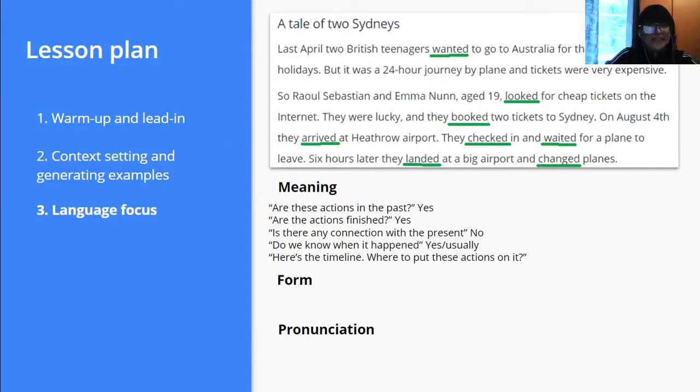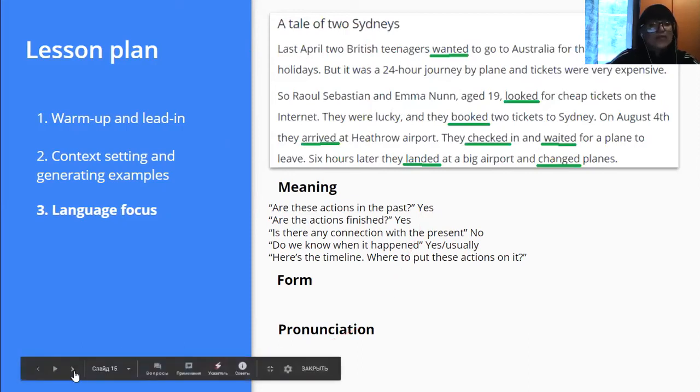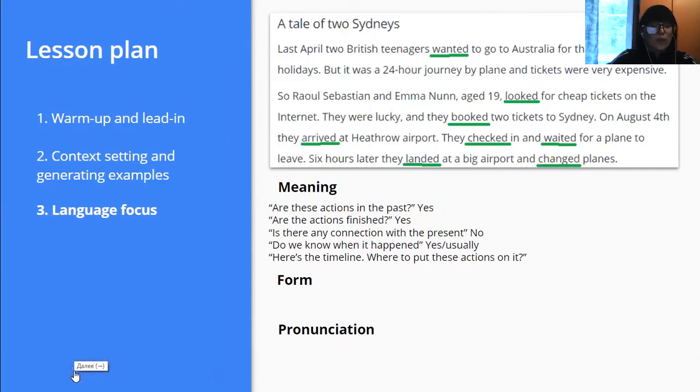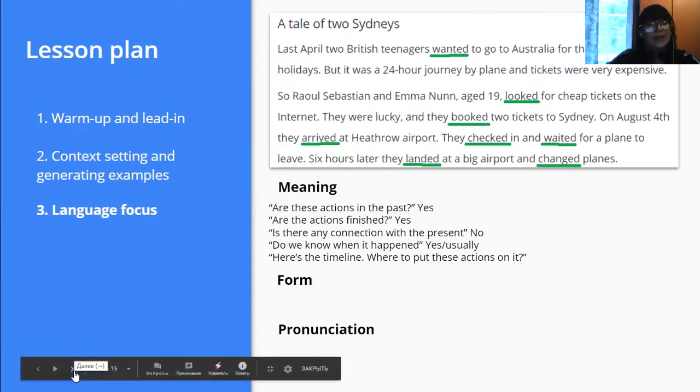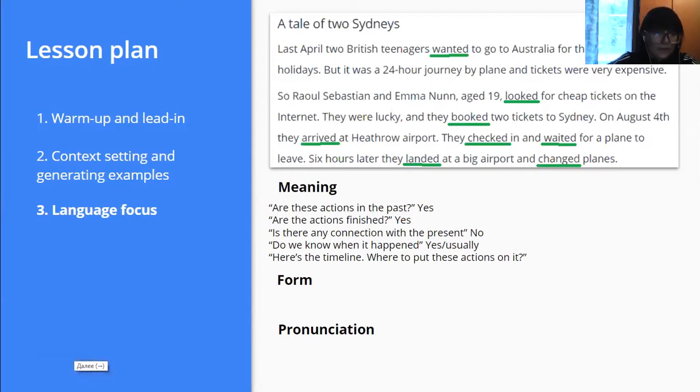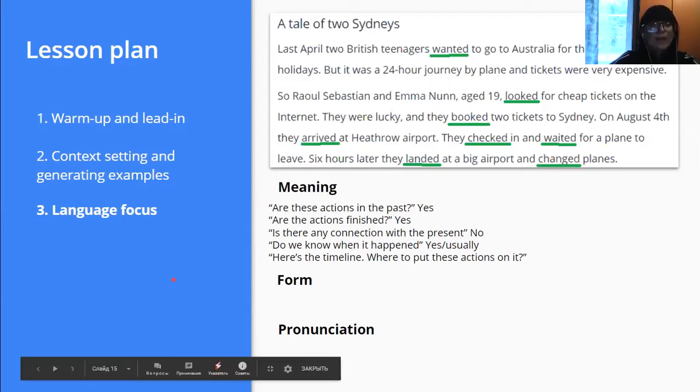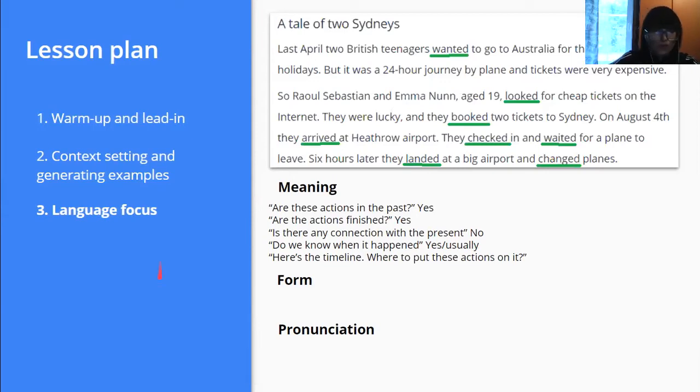Probably yes. Okay. Then you might even just show a kind of timeline, right? Or you might ask the student the following question: do we know when it happened? It happened, for example, yes. And here, by trial and error, our students will have to come up to the meaning of this structure.